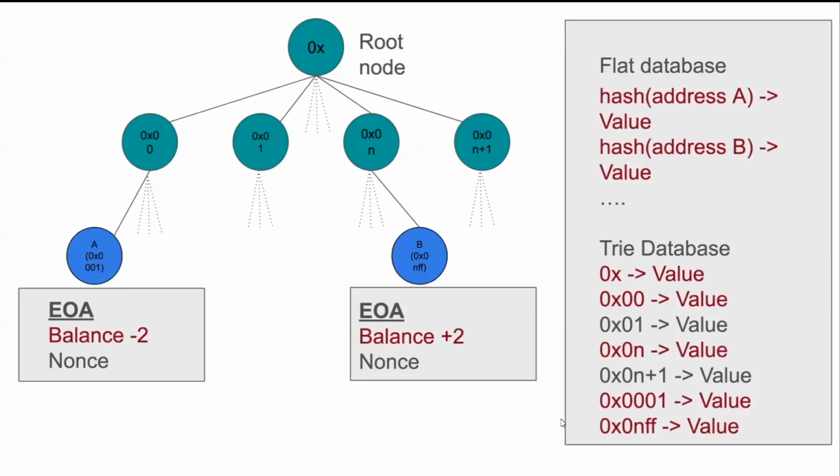If account A wants to send ether to account B, this modification will update the leaf, and the leaf will have a new hash. As the leaf has a new hash, the parent will also have a new hash. So we will still create this cascade of modifications, but as we are saving by location and not by hash, it will not create new entries. Even if the hash is different, the location is still the same.